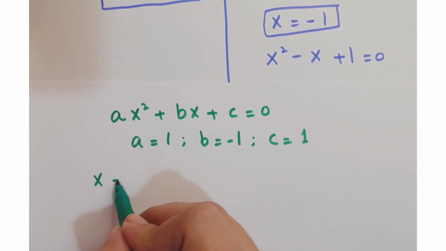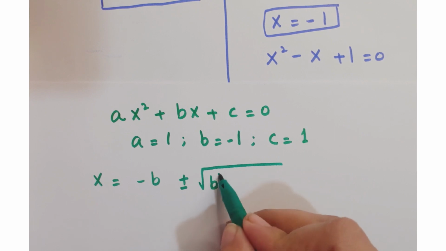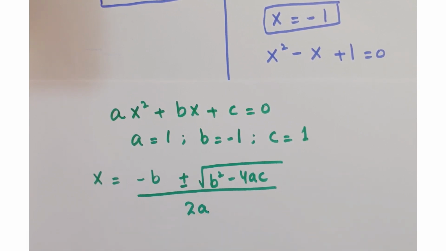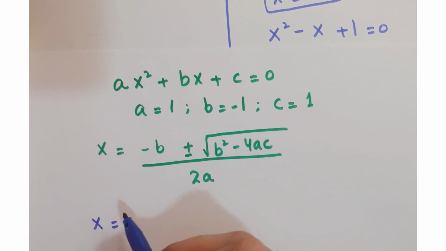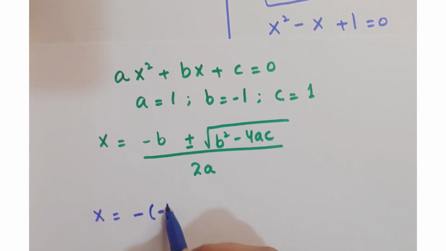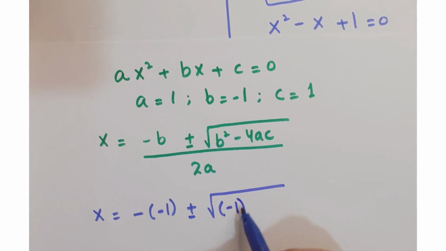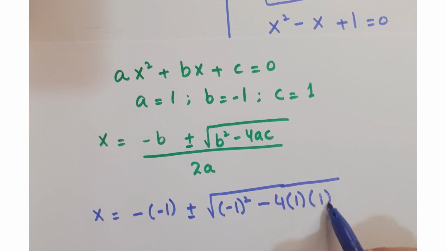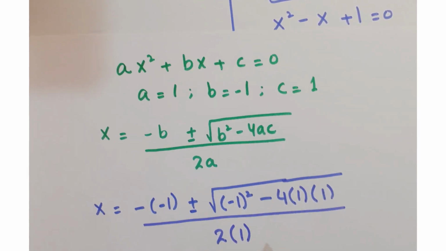Applying the quadratic formula, that is minus b plus minus under root b square minus 4ac upon 2a. Putting the values, we get x is equal to minus of minus 1 plus minus under root minus 1 square minus 4, a is 1, c is 1, upon 2 into 1.